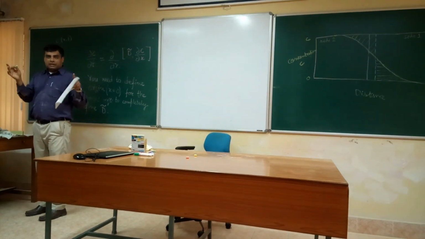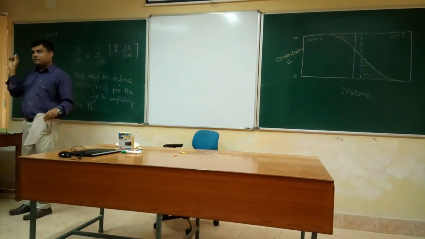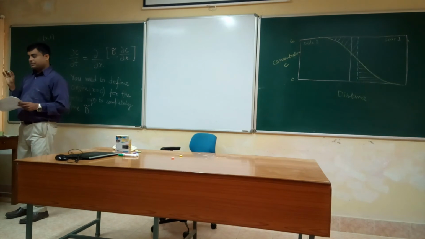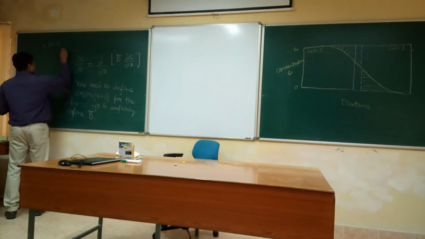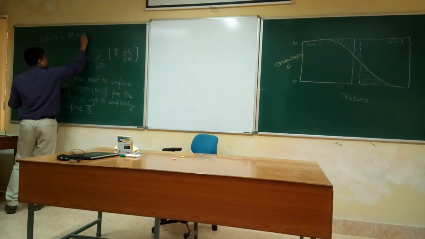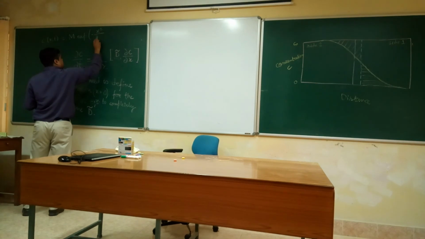A sample has radioactive isotope on a particular surface and is annealed for a certain time. C(x,t) is given by some constant times exponential of minus x squared over 4Dt.